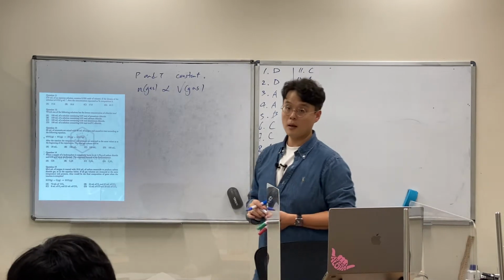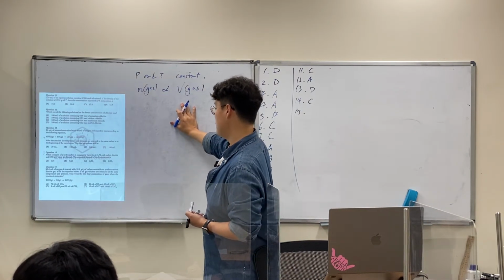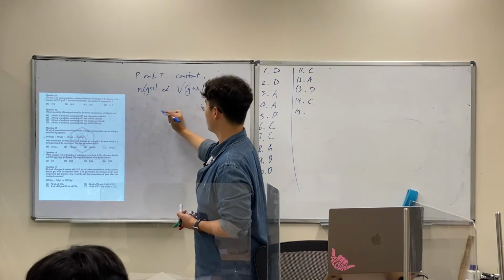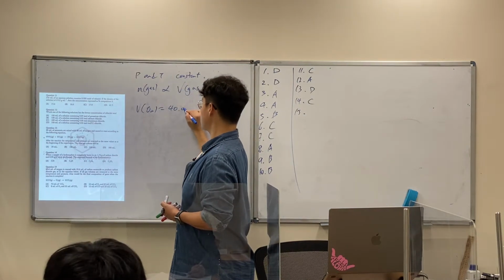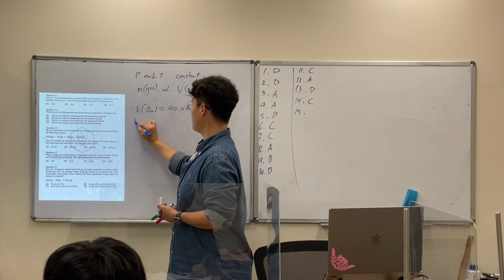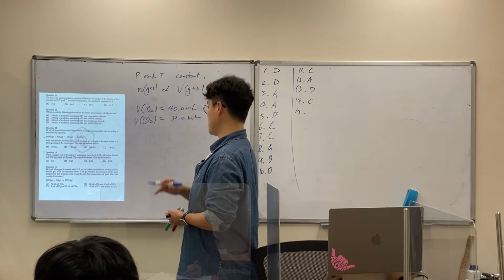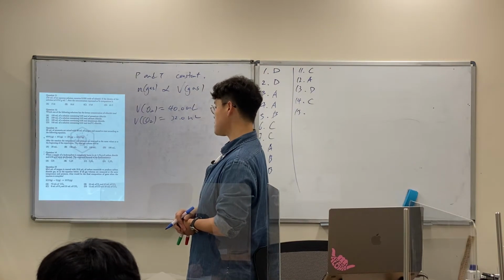I'm not adding anything fancy here. So 40 mL of oxygen is reacted with 32 mL of carbon monoxide. What would be the final composition of the gases when the reaction is complete?